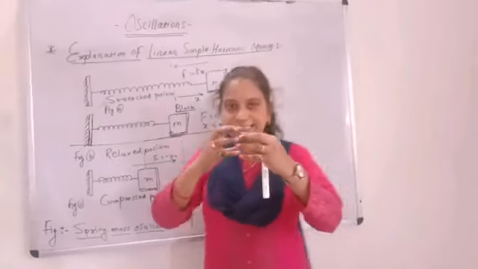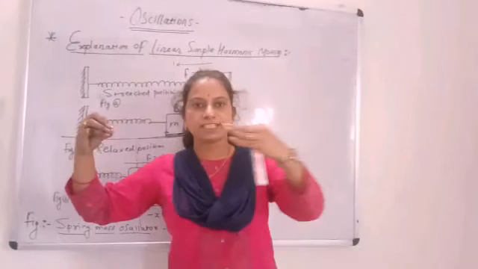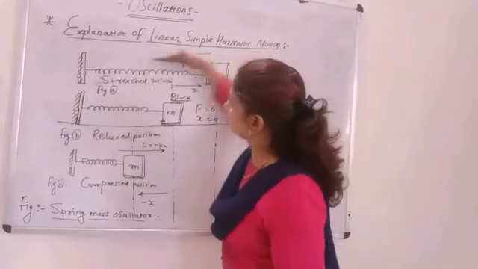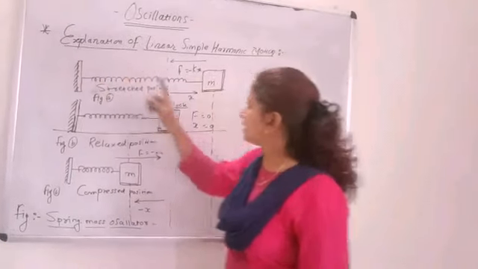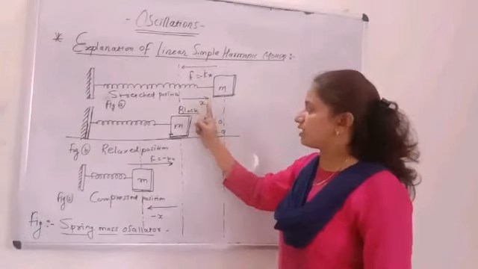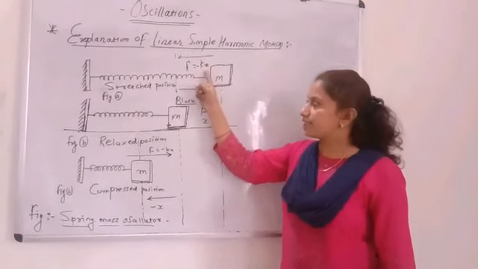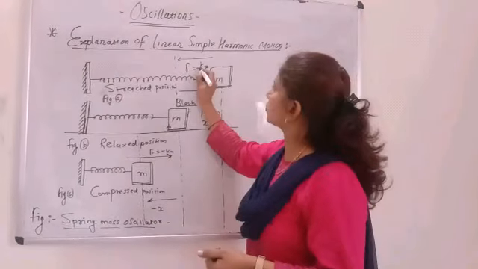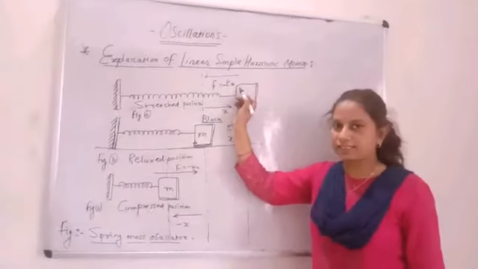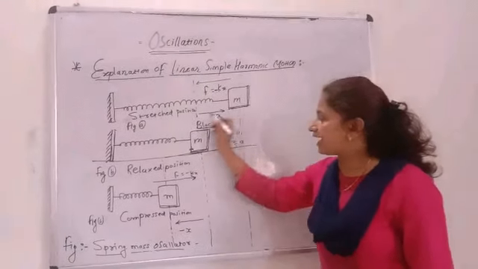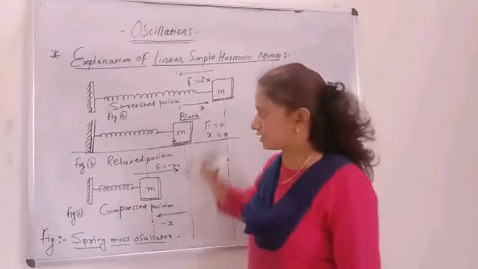But when the spring is stretched, the force is to the left, that is, in the inward direction, towards the equilibrium position. Hence force and displacement are oppositely directed, and this force is F = -kx. The negative sign shows that force and displacement are oppositely directed. Displacement is directed outward and force is directed inward.